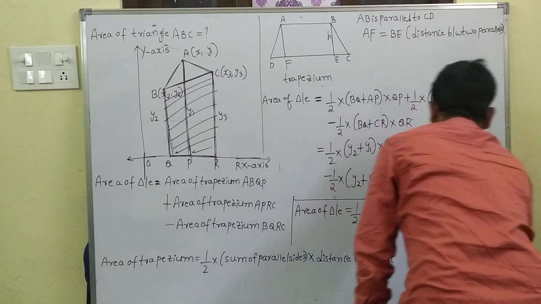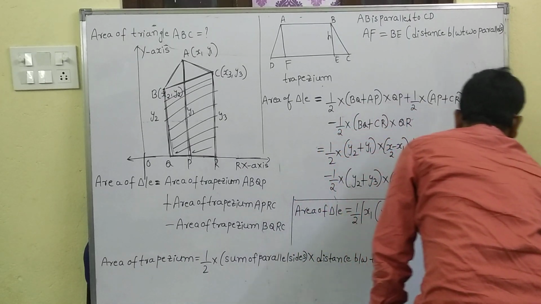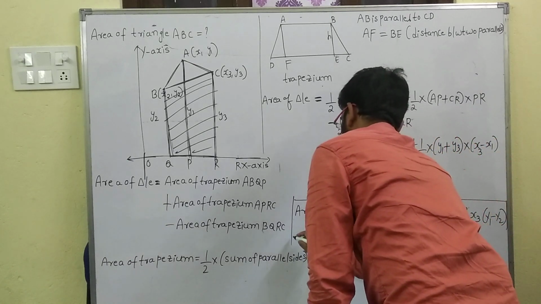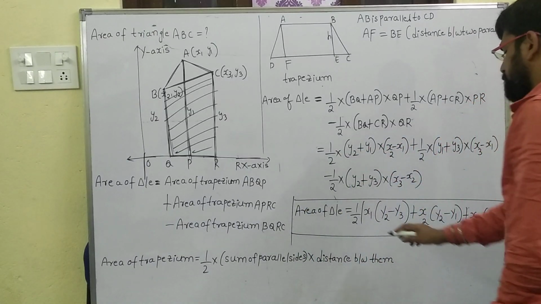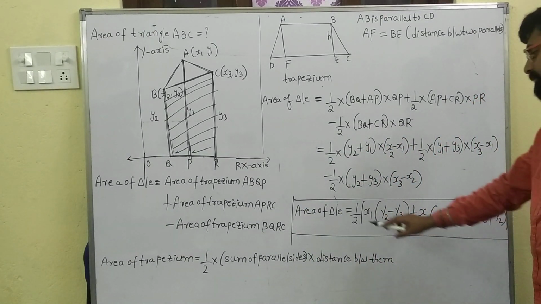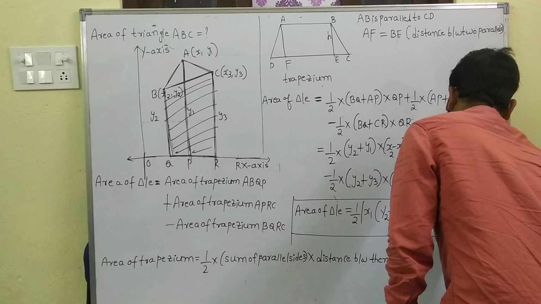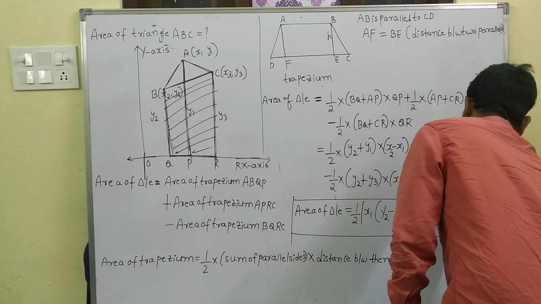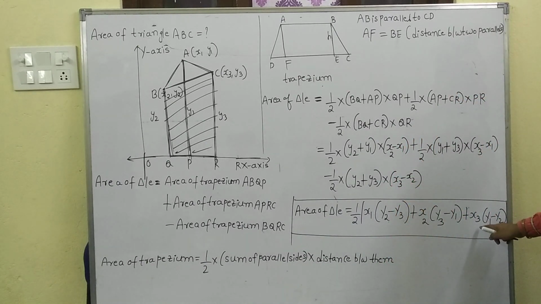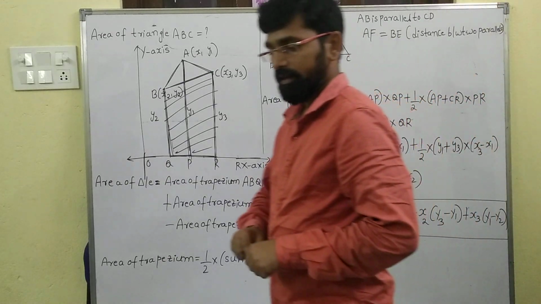This is inside a modulus, because area can never be negative, that's why we need to put a modulus. This is the area of the triangle formula. Okay, take this.